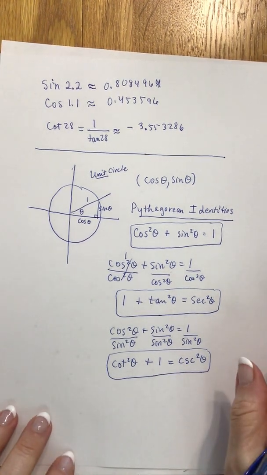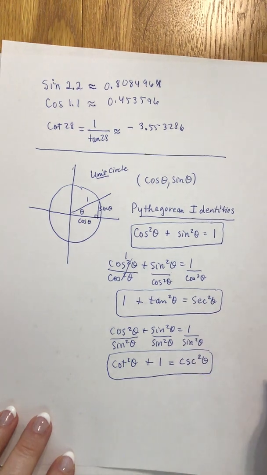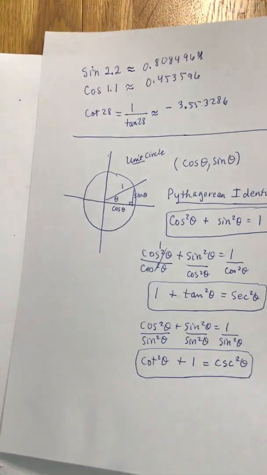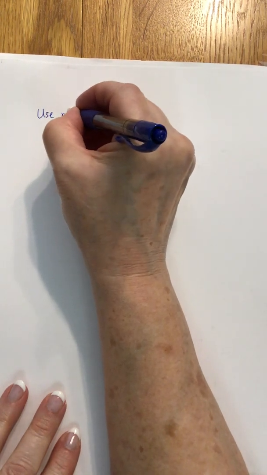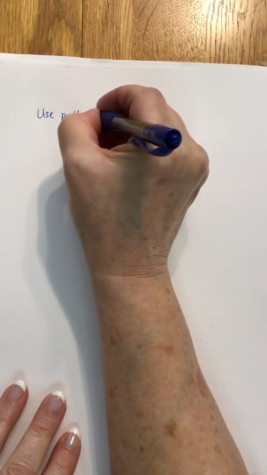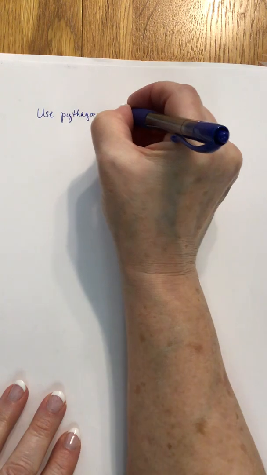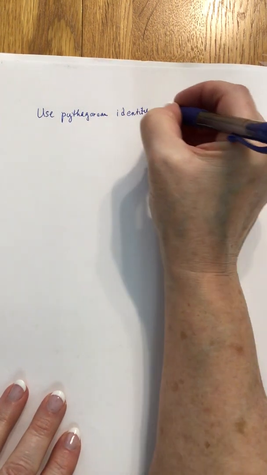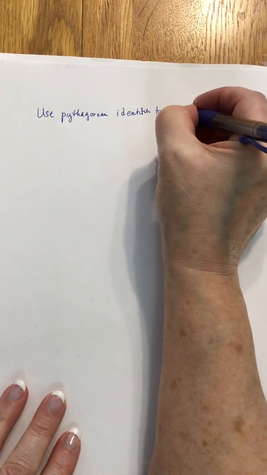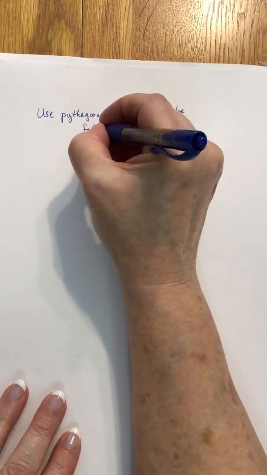Okay, now we're going to use the Pythagorean identity to work a problem. So we're going to pull this off to the side for a second. It's going to say, use Pythagorean identities to solve for 6 trig functions.